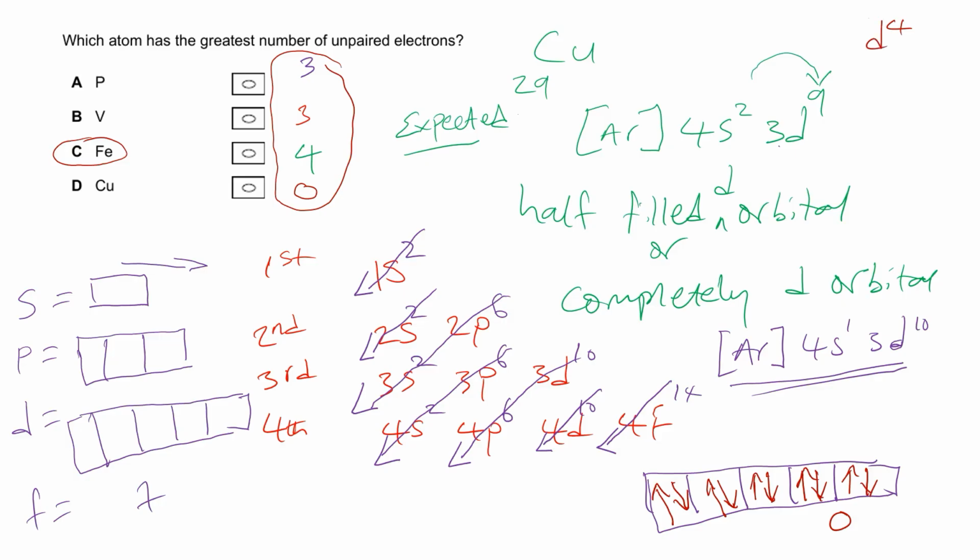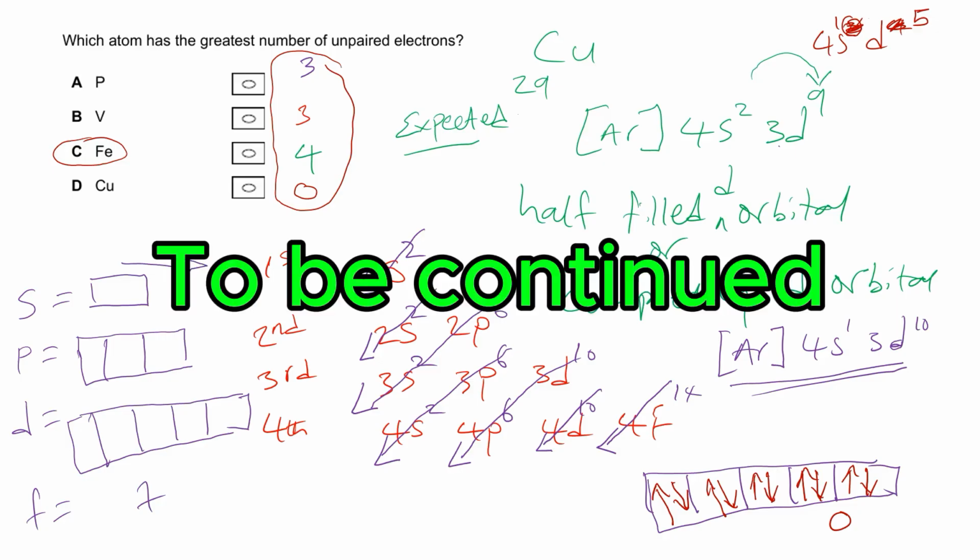If it's 3d4 and then 4s2, it's going to take 1 electron from the s to become 4s1 and add it to the d, and becomes 3d5. Okay, so the same thing, just like in copper, if it is 9, it's going to collect 1 electron from the 4s to make it 10, so that it is stable. So basically they strive for stability. All right, so let's look at the next question.